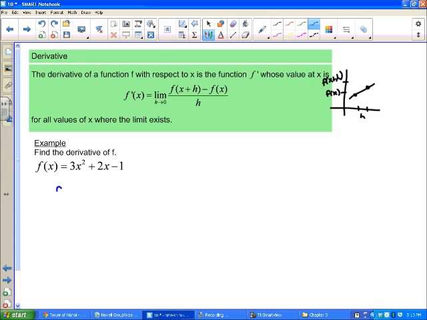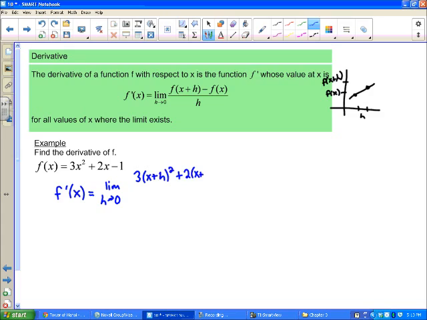We want to find the derivative of this right here, f prime of x equals the limit as h goes to 0, and it's always going to go to 0 if you're using this h definition, of f of x plus h. So that means that everywhere that x is in my function, I need to put an x plus h.